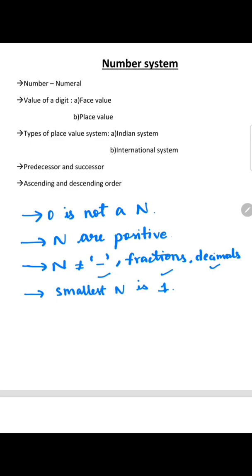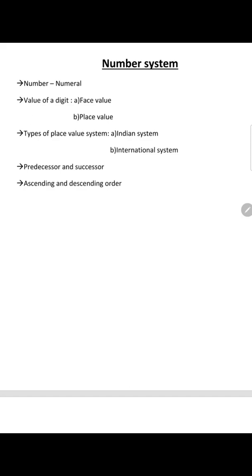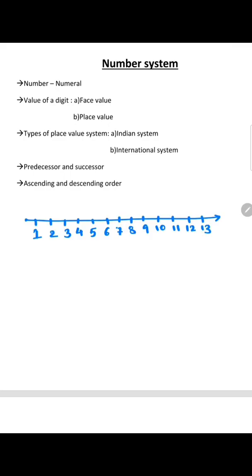Now, as we have seen some important points regarding the natural numbers, let us learn how to represent the natural numbers on a number line. This is how we represent natural numbers on a number line. Here, remember that you should never include 0 in the natural numbers set.